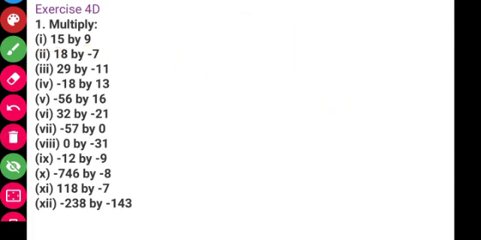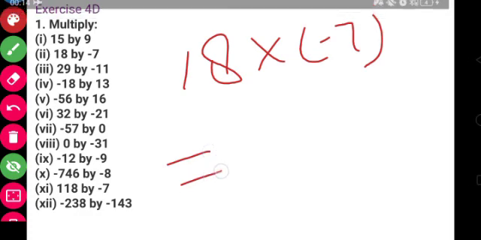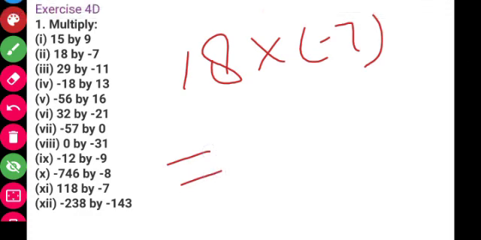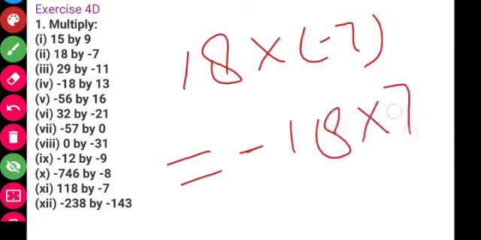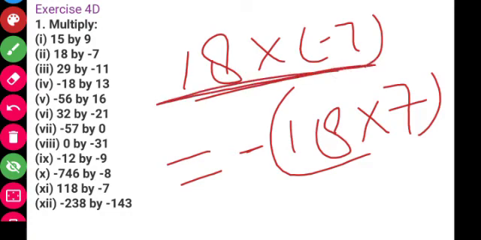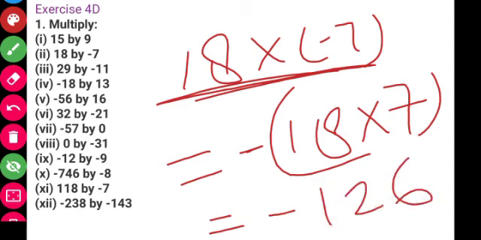Now the second part is given, 18 into minus 7. Here both have different signs. When signs are different, put a negative sign and then multiply like natural numbers. So we write 18 into 7, with minus outside. 18 into 7 is 126, so minus 126.